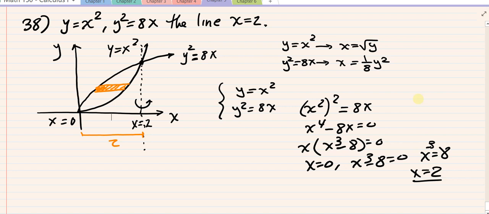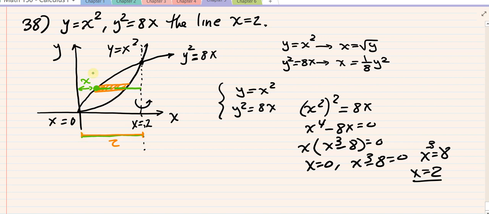Now the distance from 0 to the vertical line is 2. What I'm trying to find here is actually this distance from here to this point. Well, that point is going to be x units away from the y-axis, with x given by the sideways parabola. So it's going to be 2 take away the x.